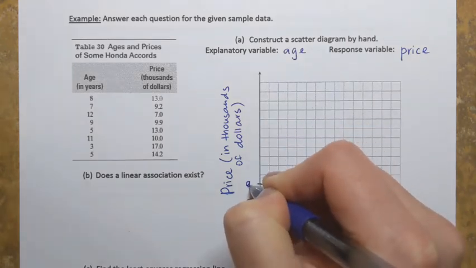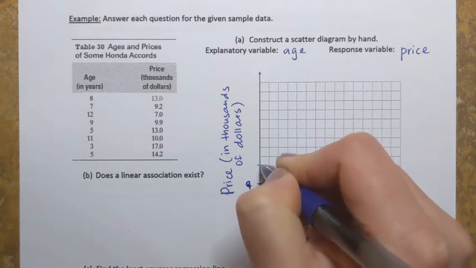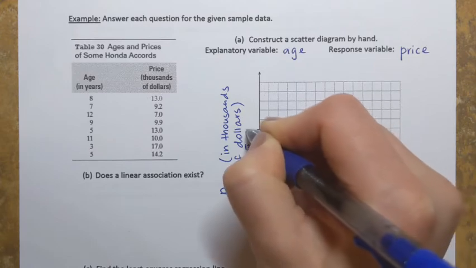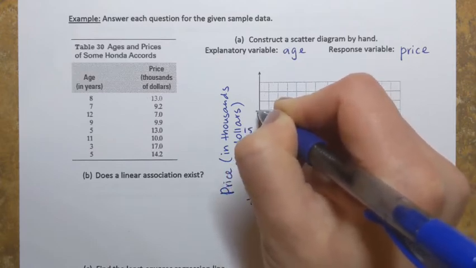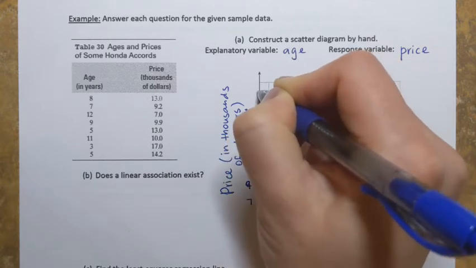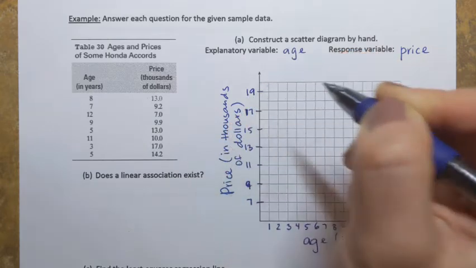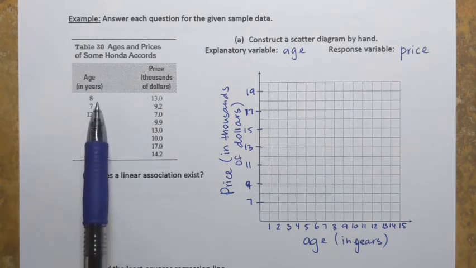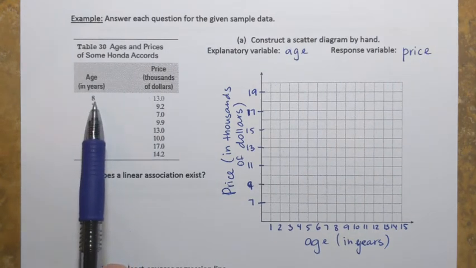So 9, 11, 13, 15. Okay, yes, here's 17, and then 19. Okay, perfect.